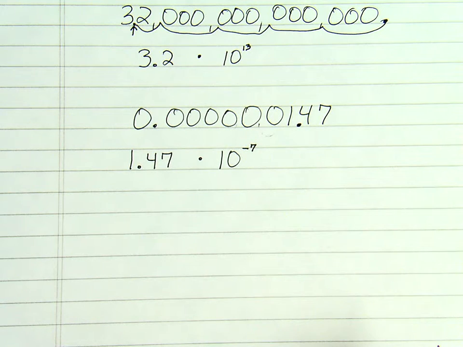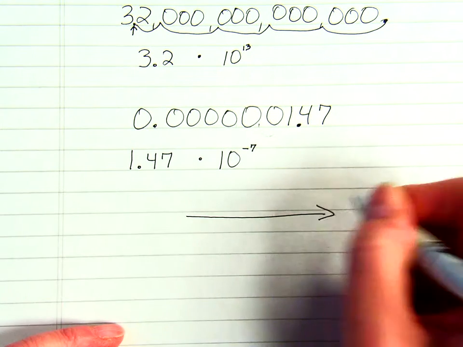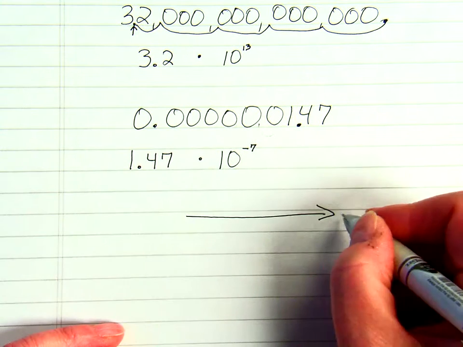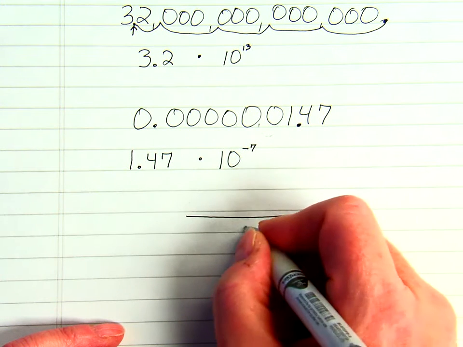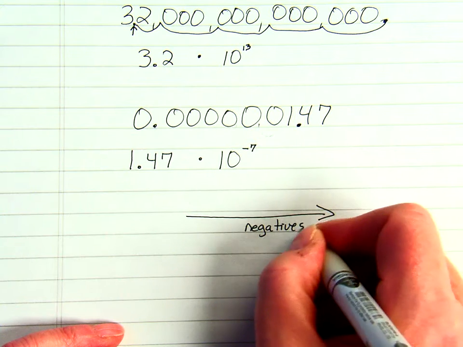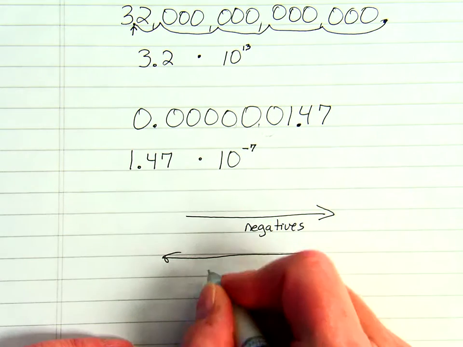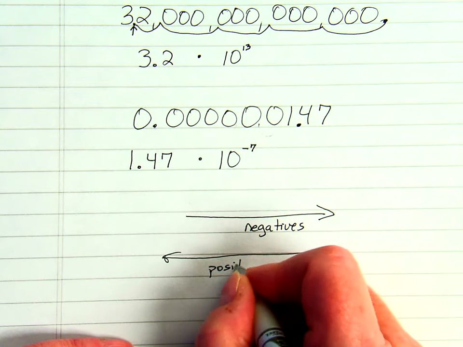So when we move to the right, this is where we go into our negatives, and when we move to the left, this is when we are looking at our positives.